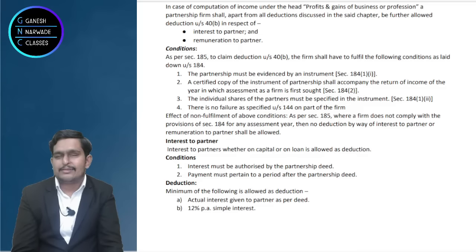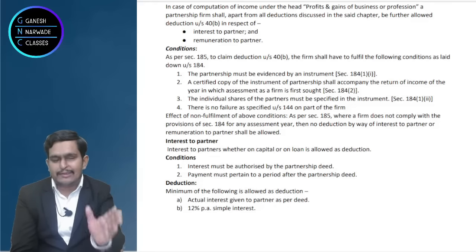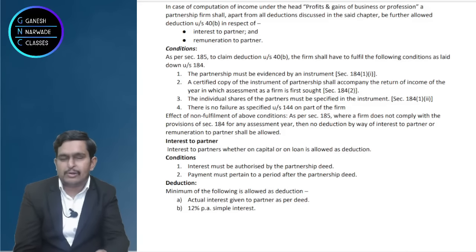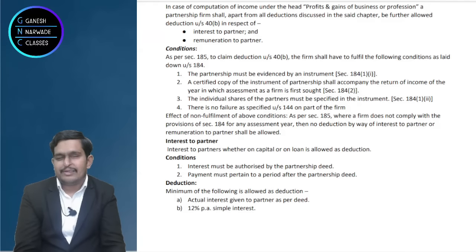Sir, what does that mean? That means when we compute the income, whatever is minimum can be deducted for computing business income. And extra is there, na? That is not allowed to be deducted. Even after payment, not allowed as deduction.